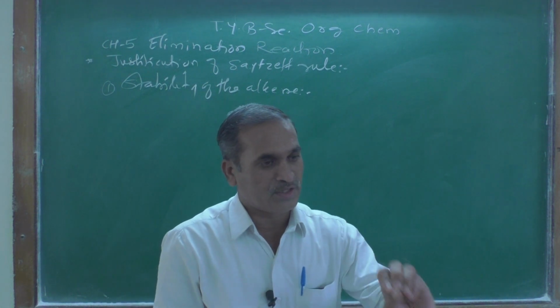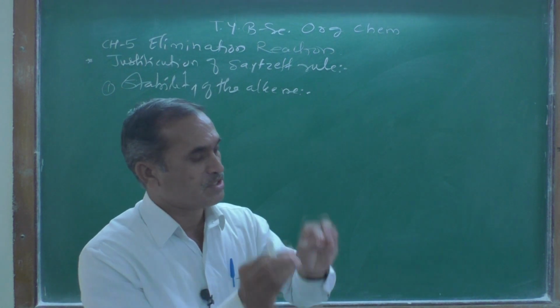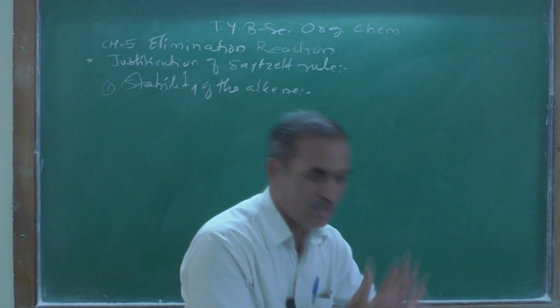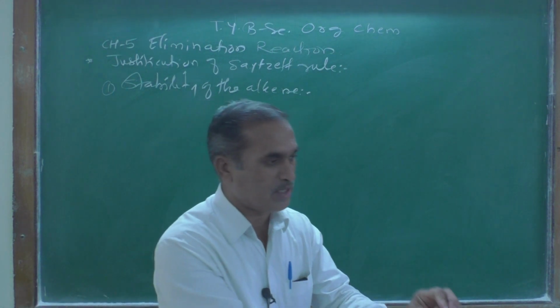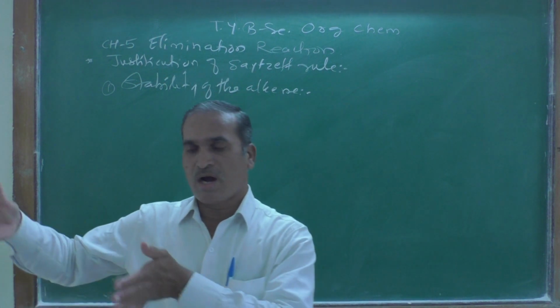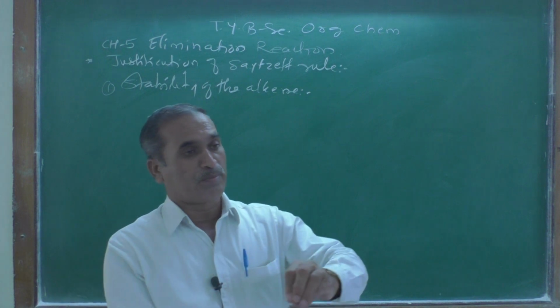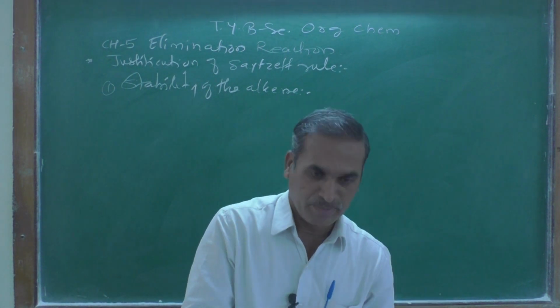If it is stable, then we can say that this is the product we are getting in a major percentage, and this is the product we are getting in a minor percentage, or one of the products is major and another one is minor. We have to measure it in percentage.